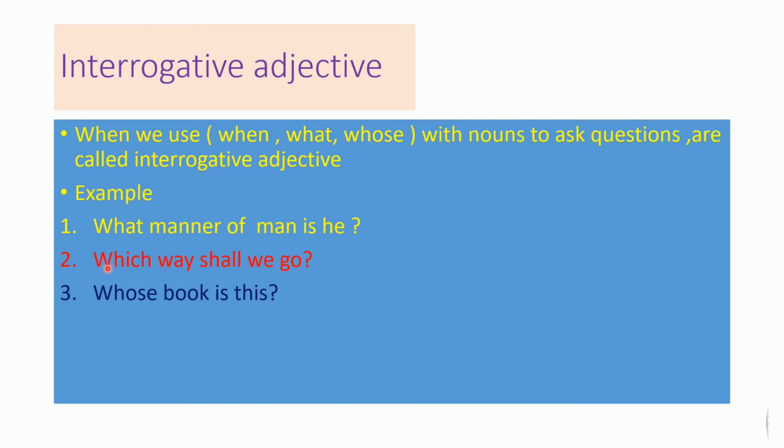So what here is an interrogative adjective because what introduces a question. And another sentence, whose book is this? So whose here is an interrogative adjective because whose introduces a question and is used before the noun book. So what, whose, which are all interrogative adjectives when they qualify a noun.